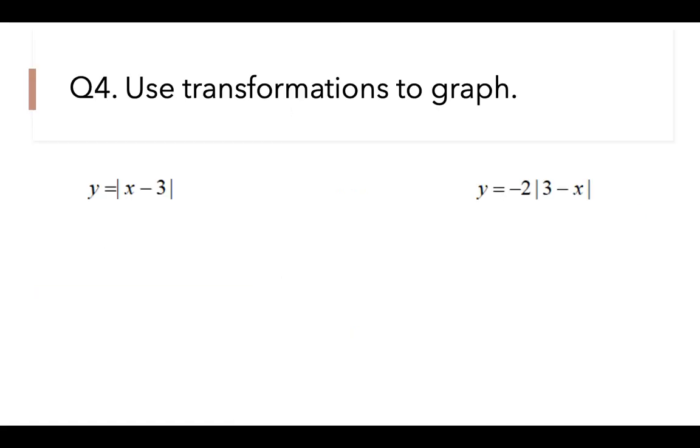Let's do some practice using transformation. So we are always transforming from the absolute function parent. So the parent function looks like this. It's symmetrical V shape. So as you can see, we have a C value, and it's inside the function, inside the absolute. So what we're going to do, we're going to flip it, do the opposite sign.